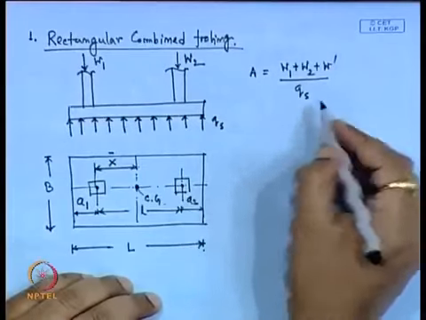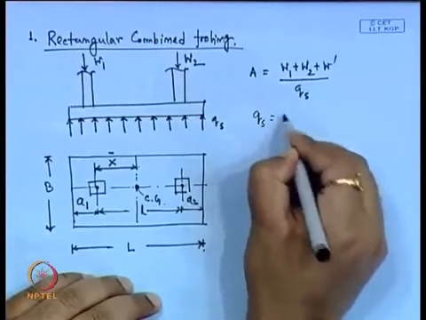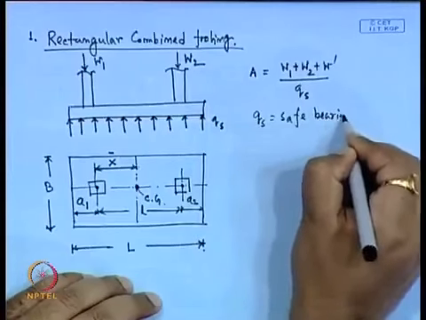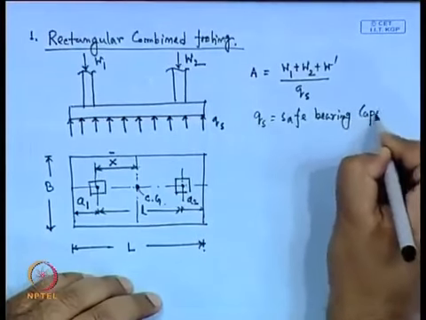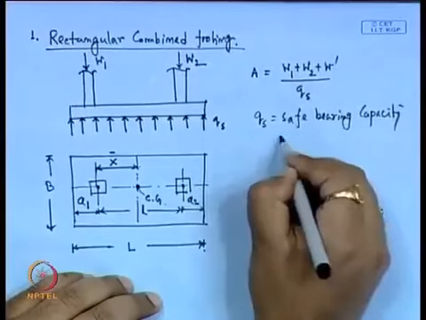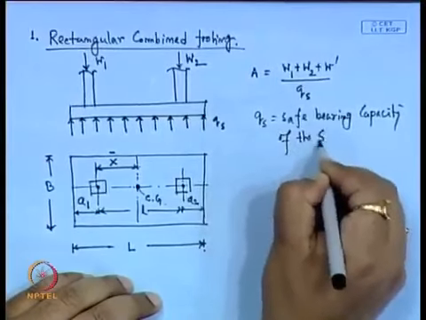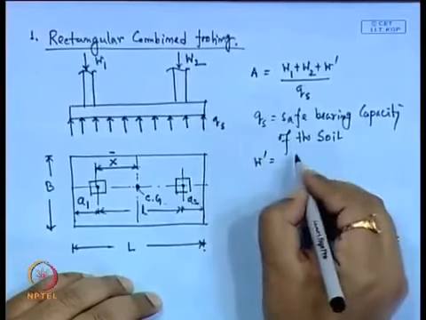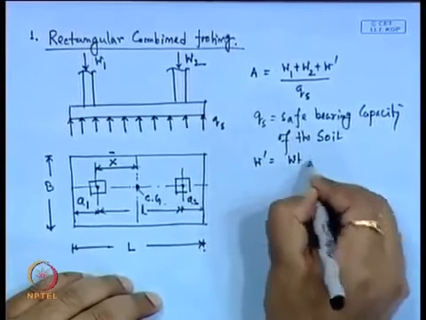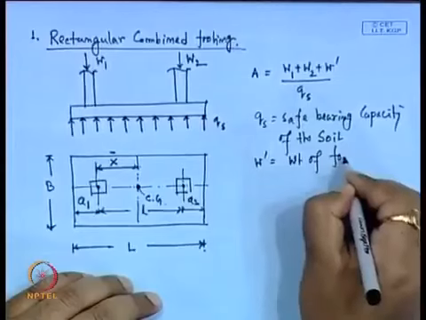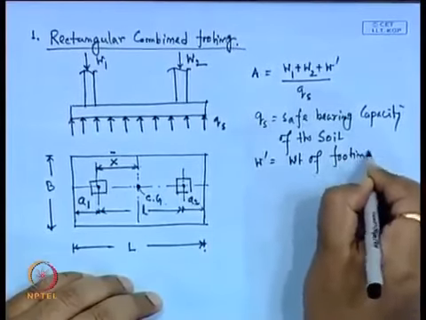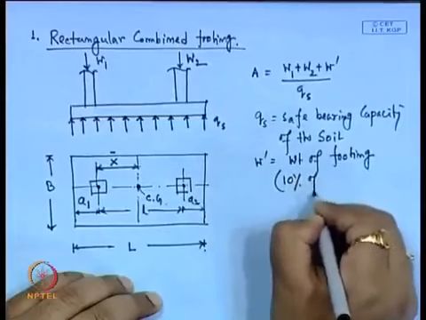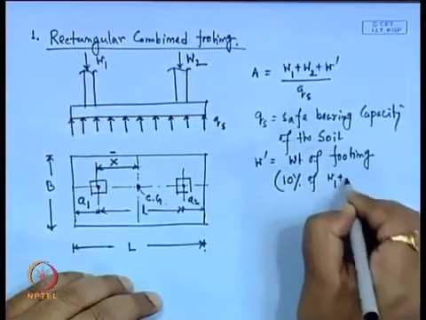This Qs is the safe bearing capacity of the soil, and W' is the weight of the footing, which is generally taken as 10% of W1 plus W2.